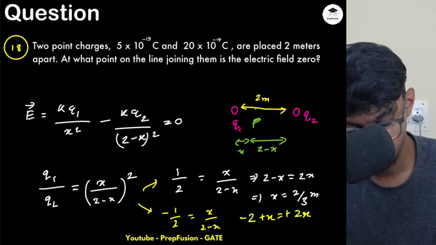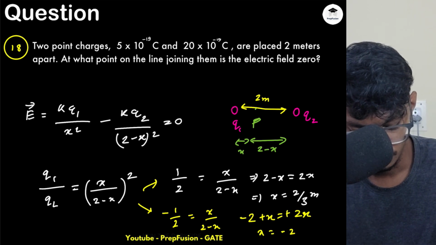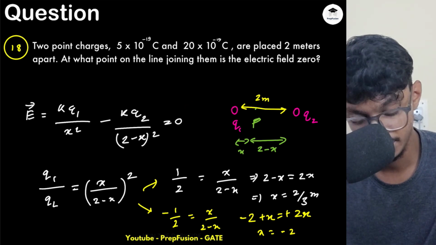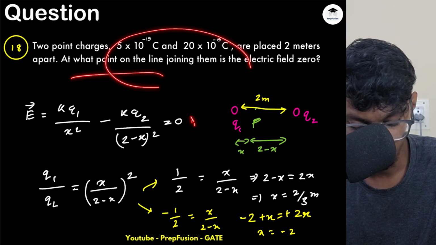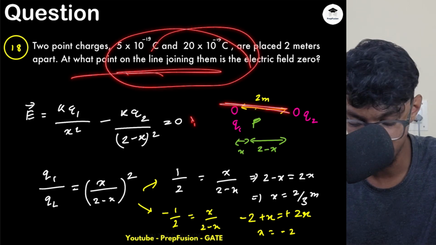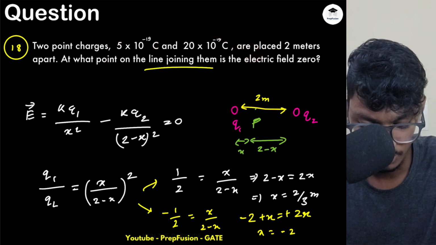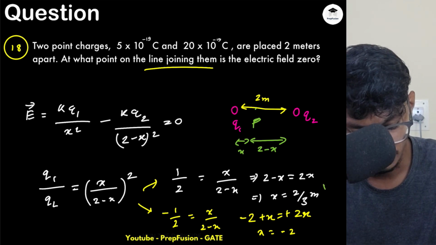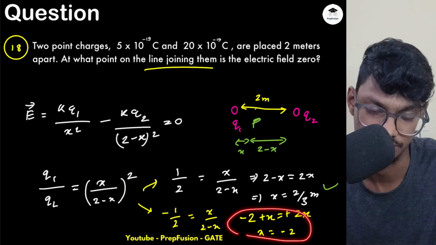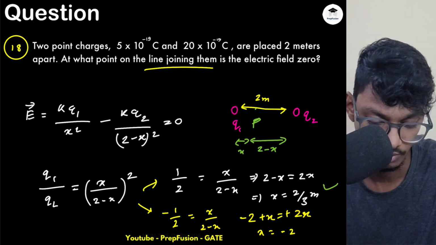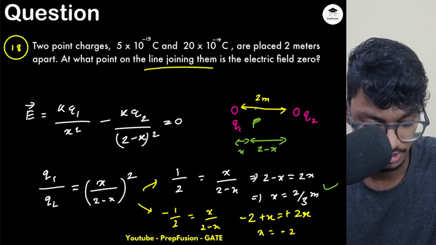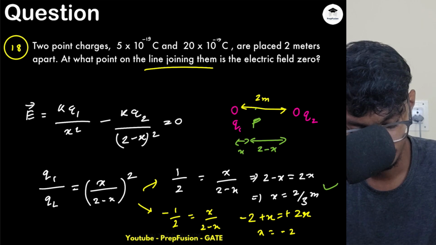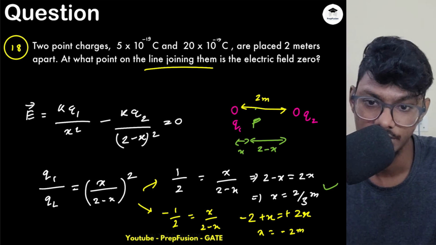Now x equals minus 2 meaning what? Somewhere here, right? At x equals minus 2 also the electric field will be 0. But they have asked for a point on the line joining them, so it should be between q1 and q2. So obviously we'll pick x equals 2 by 3 as the solution. This other one is not wrong, but we will ignore it because they have asked for the line joining them. So this is the solution.